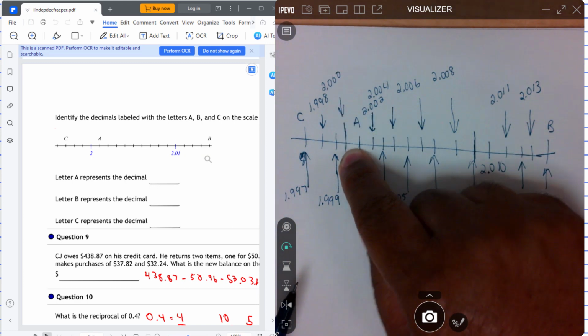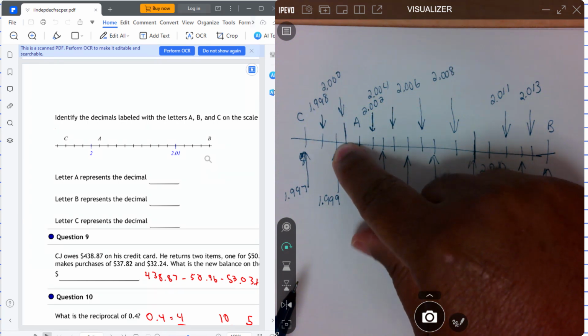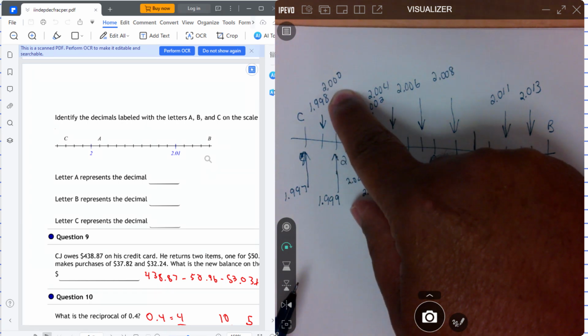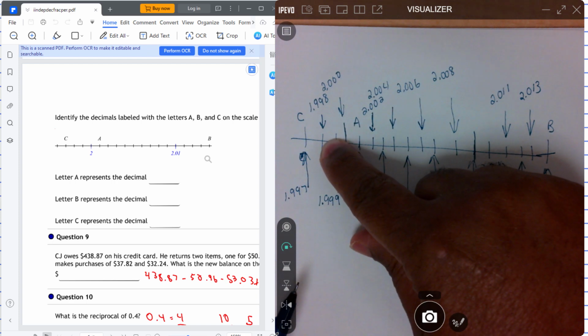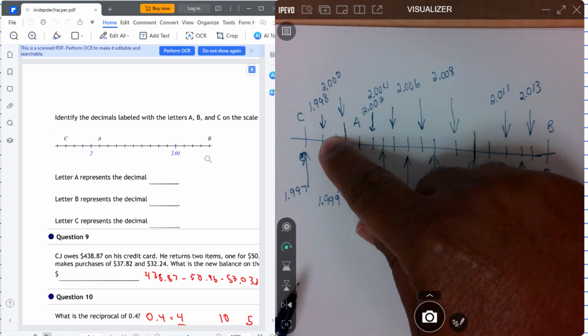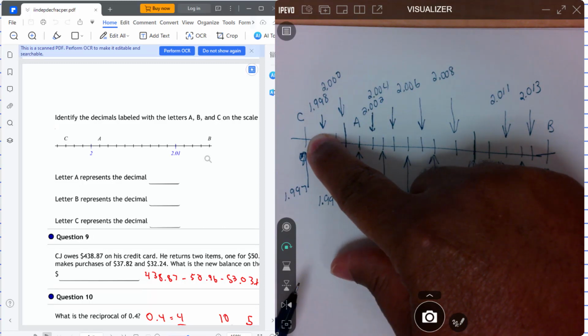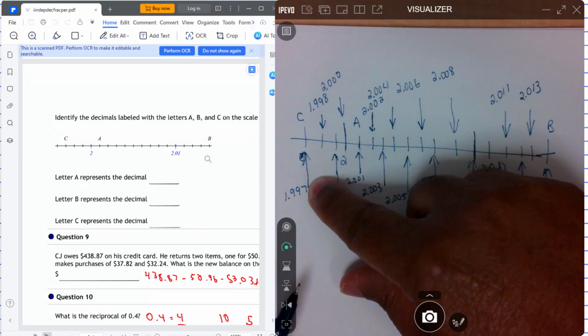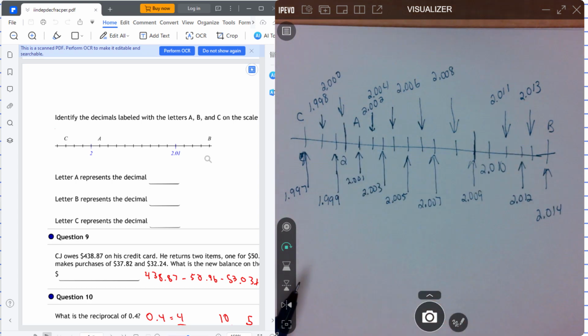Okay, and if I count down 1, I have 1.999. Then I go down one more, would be 1.998. And I go down one more, I have 1.997, and that gives me my C. So that's how you find out what decimals they are. And that's how you do that particular problem.